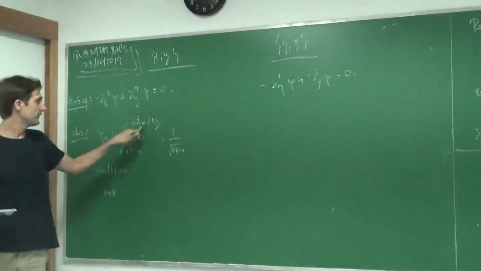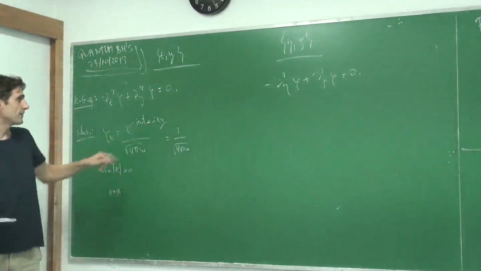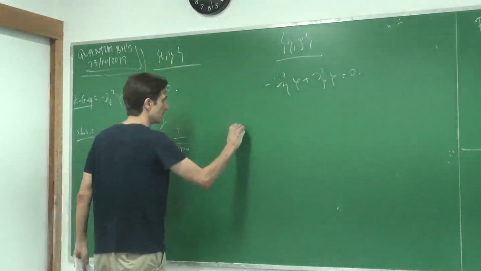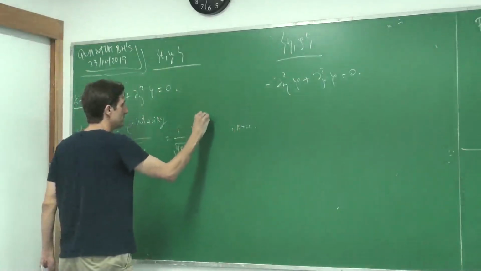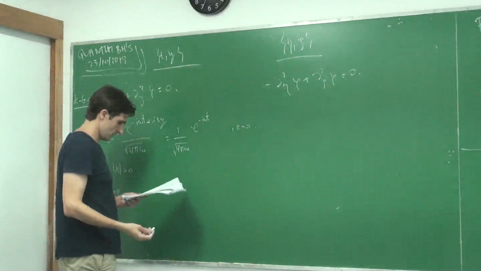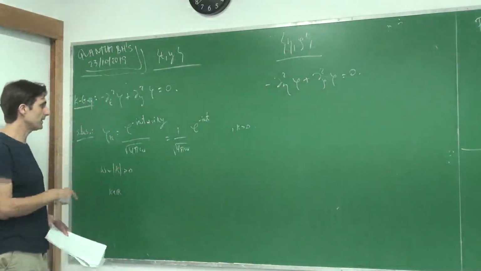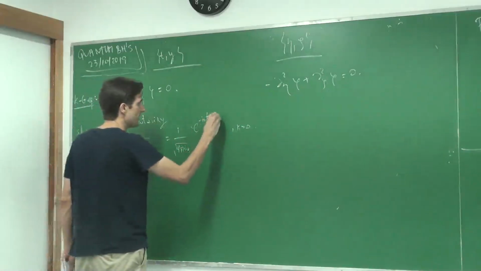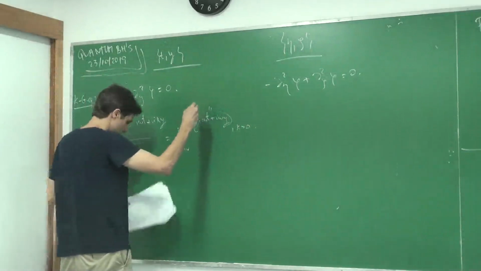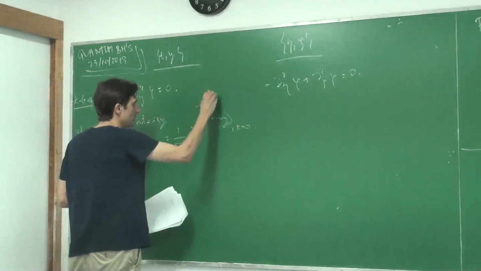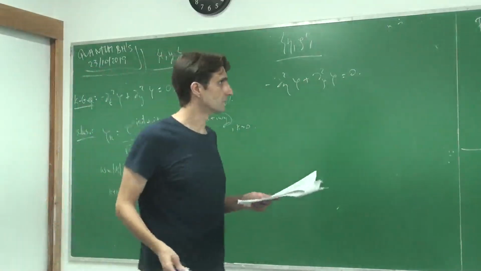Then it will be different whether k is positive or k is negative. Whenever k is positive, we're going to have exponential of minus i omega t, plus i omega y, since k is equal to omega. So that's just minus i omega (t minus y), and t minus y is u.